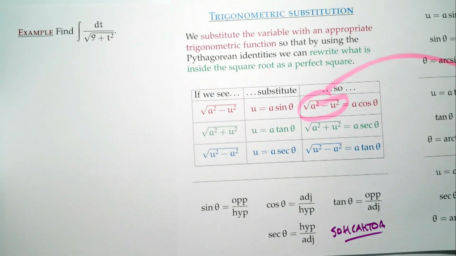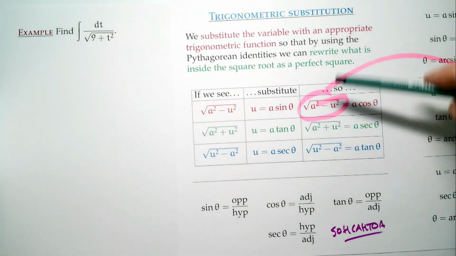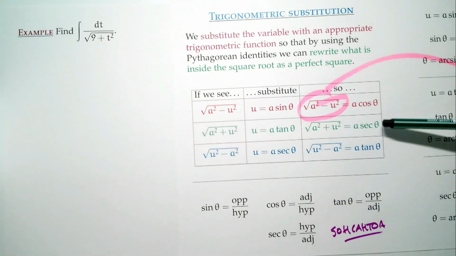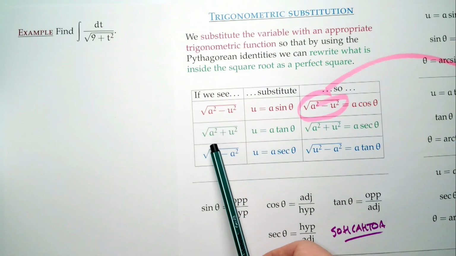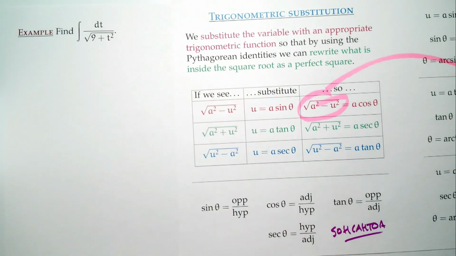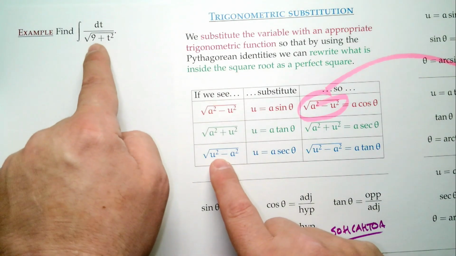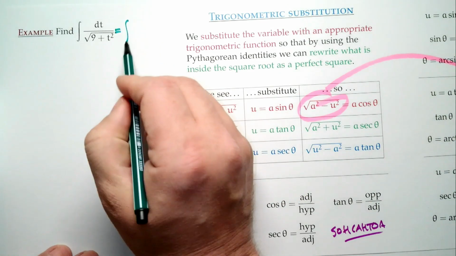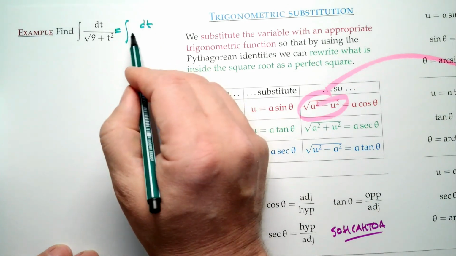Looking back on our list, which one are we in? We're in the middle one, right? We're here, square root of a squared plus u squared. So in our case, when I look at that 9, what should I really be thinking? I should really be thinking of that as 3 squared.